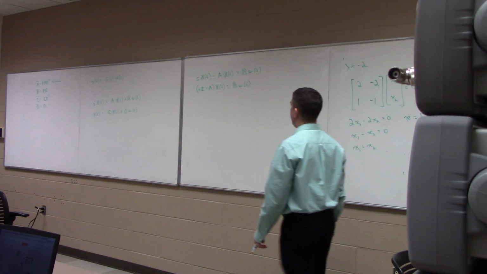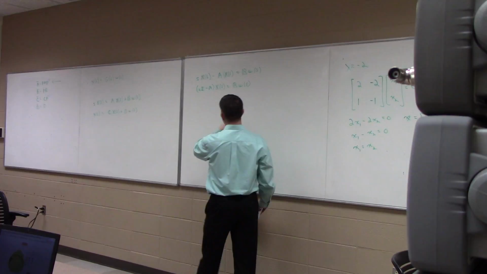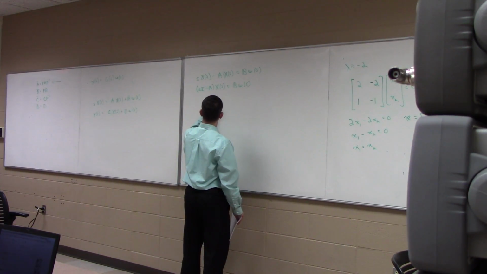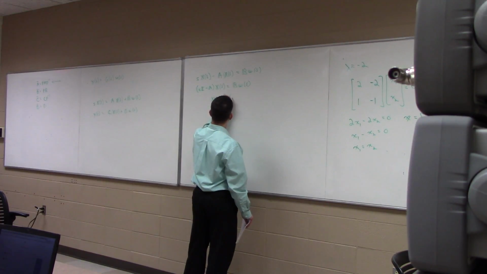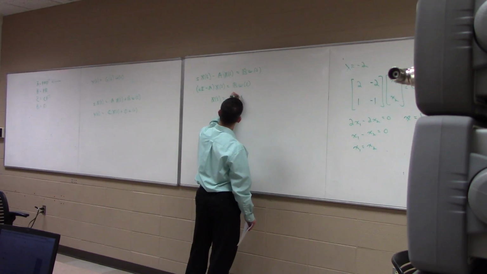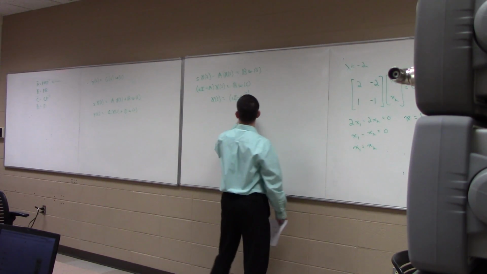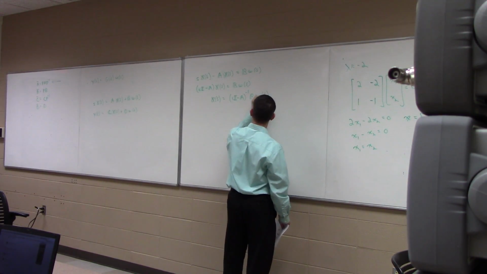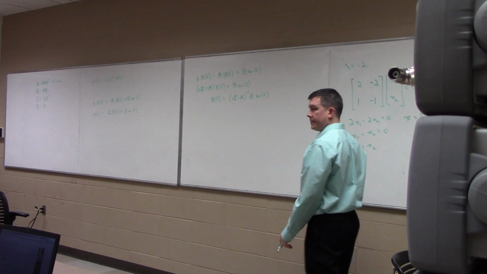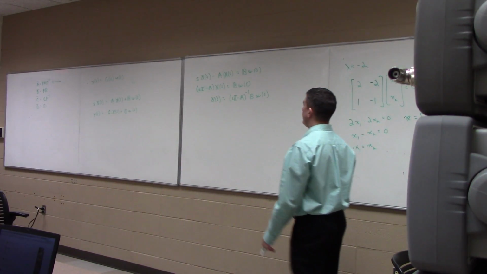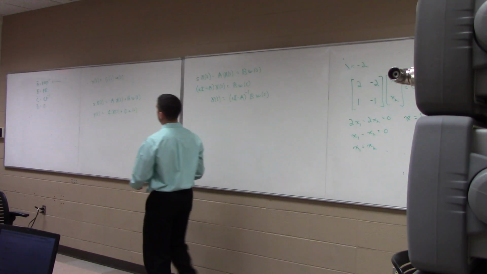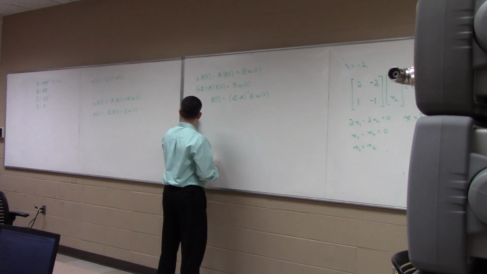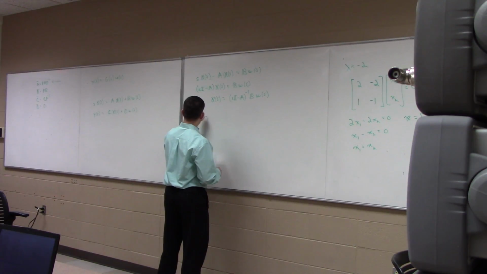Okay, if I isolate x, then I can multiply both sides by that inverse. I get that. And now all I have to do is take the definition of x and substitute it in here. Then I get my output in terms of my input.